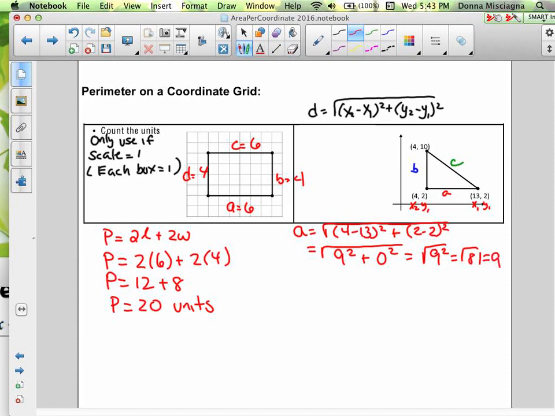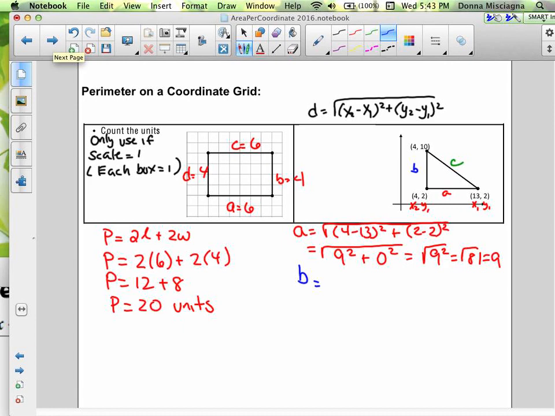Let's do the same thing with B. I'm still going to use that (4, 2), I can call that x1, y1 again, but I'm going to use those values, (4, 10) and (4, 2).